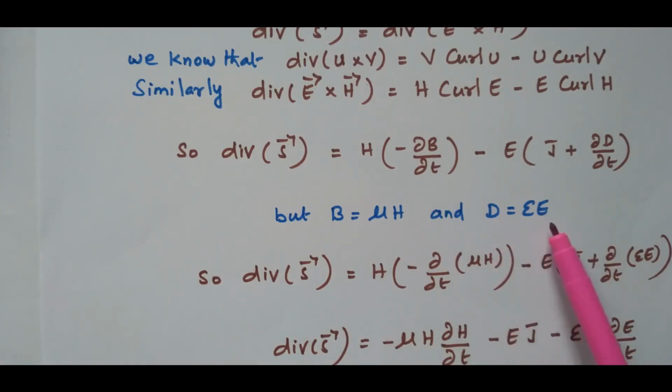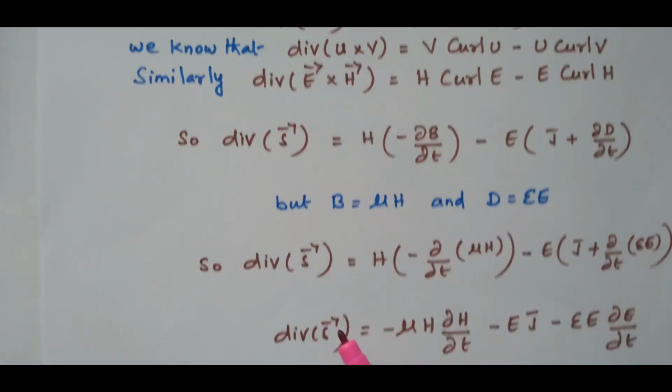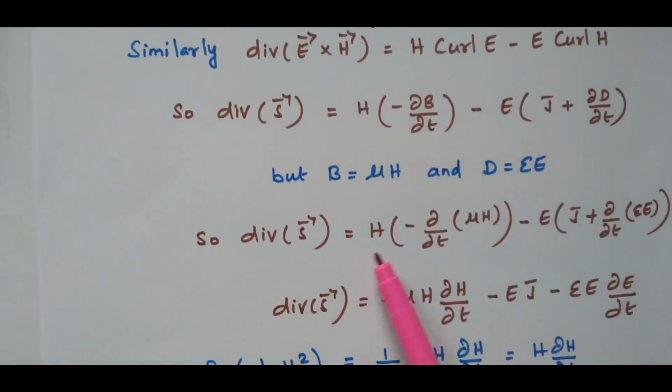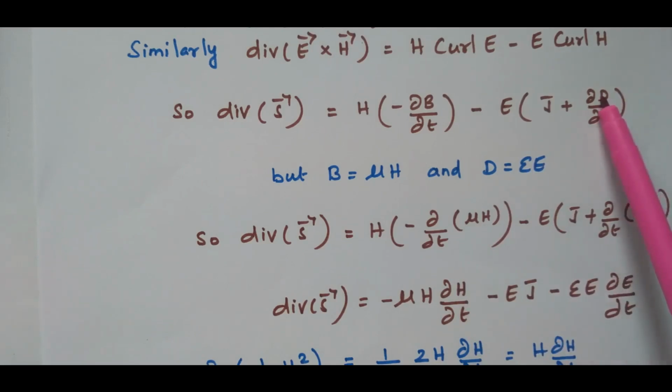So divergence of S equals H into minus dou B by dou T, with B replaced by mu H, minus E of J plus dou by dou T of D, with D replaced by epsilon E.